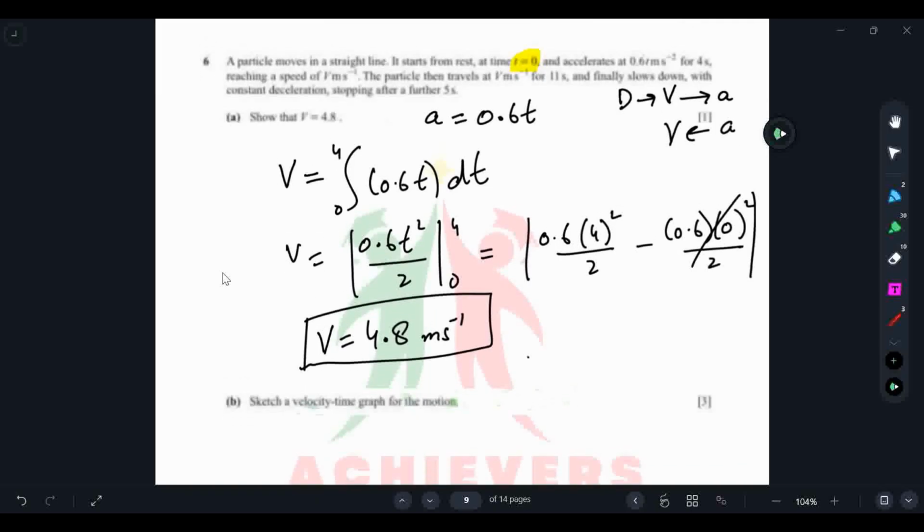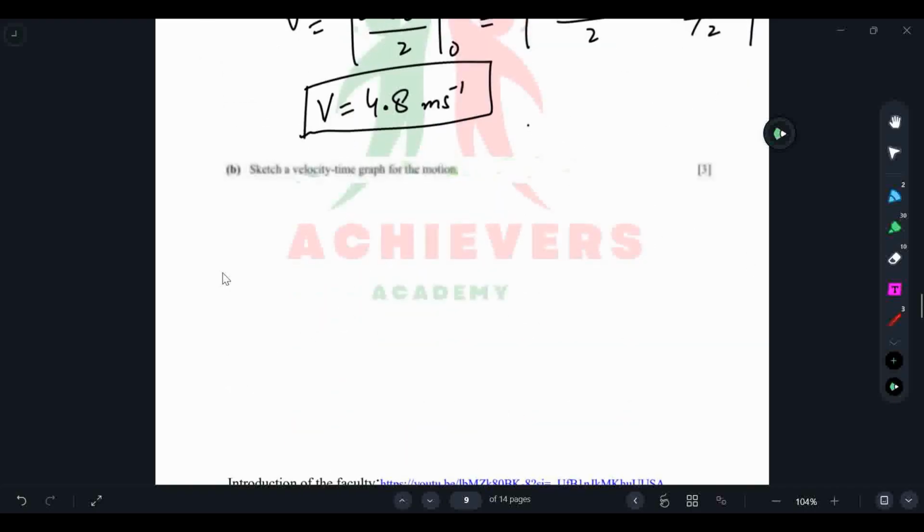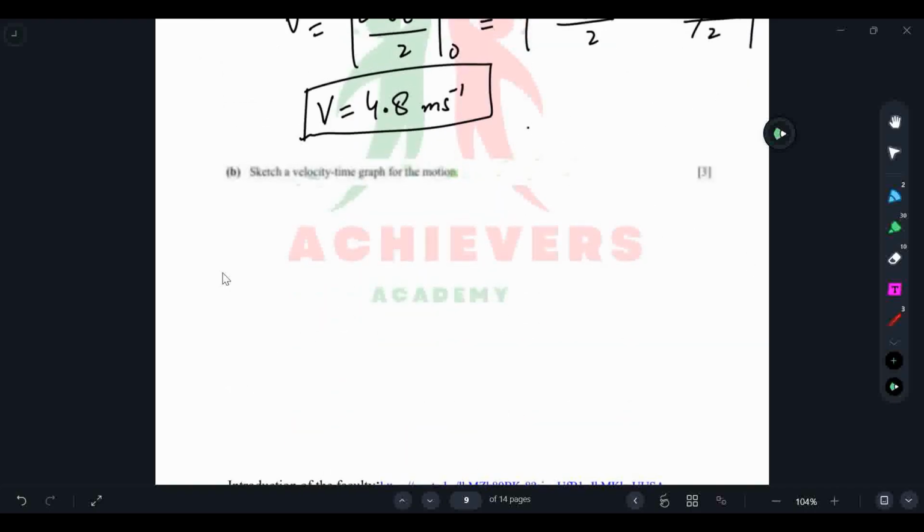Now for the B part, we need to find this velocity-time graph. How can we create the velocity-time graph? Initially this graph will be given to you, and we can see this will be the velocity-time graph.